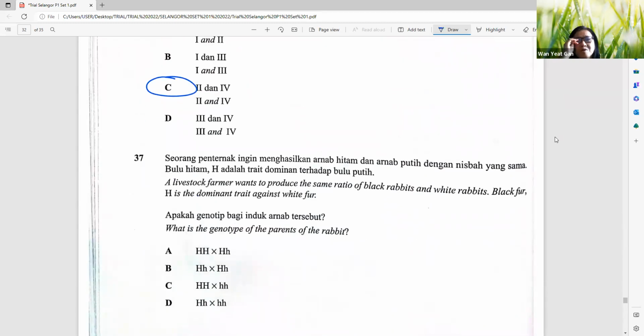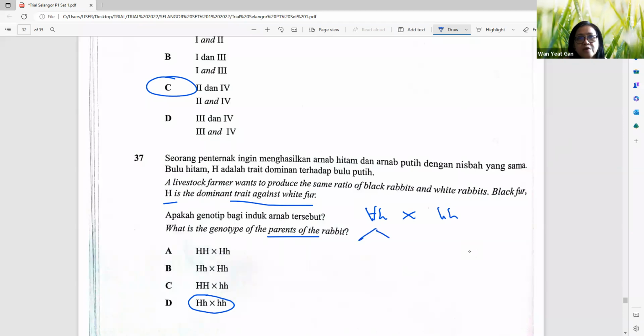A livestock farmer wants to produce the same ratio of black rabbits and white rabbits. Black fur H is dominant over white fur. What is the genotype of the parents? Now, if you want to produce an equal number of black and white rabbits, you try this one first. You can try any of the answers. I'm going to do it in short form.